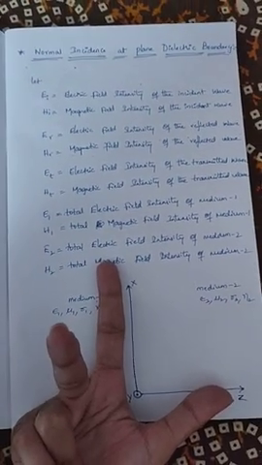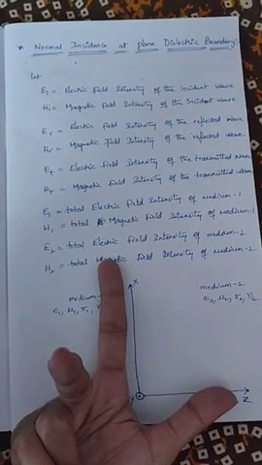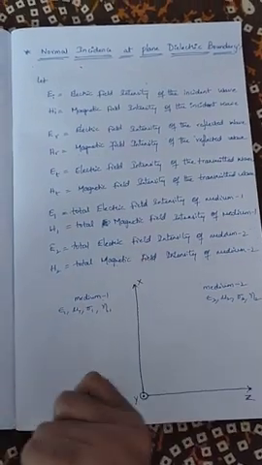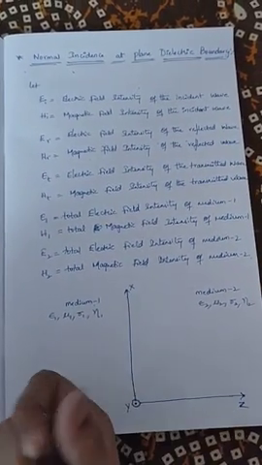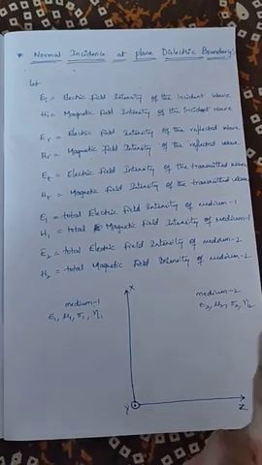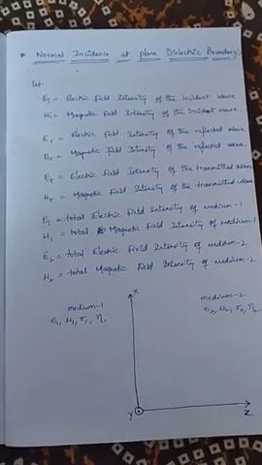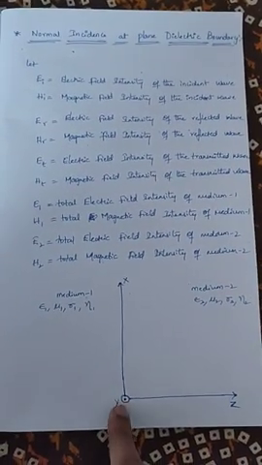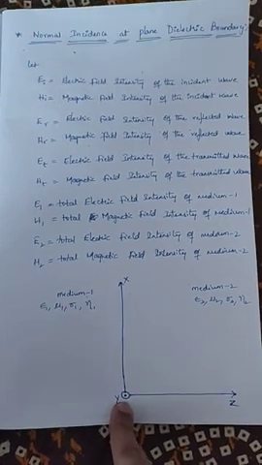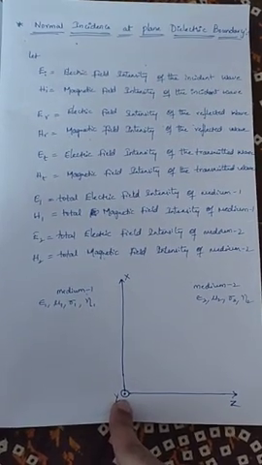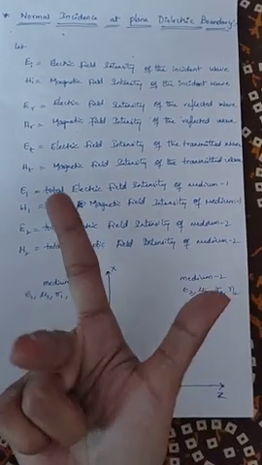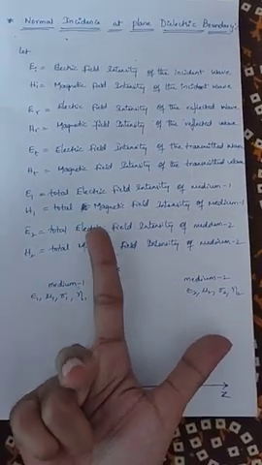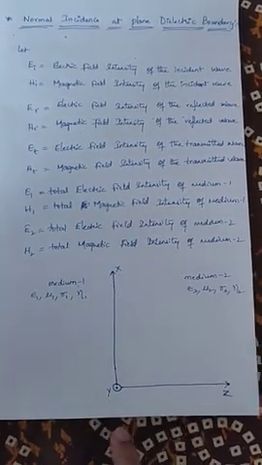According to the right hand thumb rule, outward current is always represented as a dot. So we consider y as outward of the paper, and the y axis is treated as a dot here.